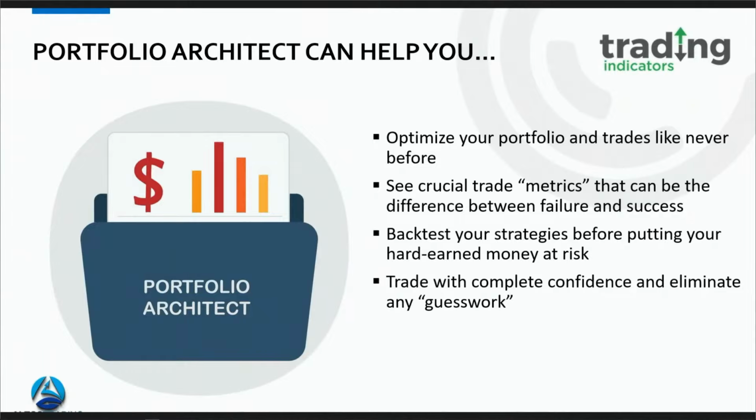Not just how much profit it is going to give you, if any, which is always nice to see, but more importantly, what to expect when things do not go by plan. It allows you to see what kind of drawdown you can expect from your portfolio, and at that point you can make a decision. Am I still going to be comfortable with this kind of drawdown, or is it too nerve-wracking for me, or some kind of risk that I'm not willing to take? Exactly this is what the Portfolio Architect will tell you before you actually start trading: what to expect from your portfolio.